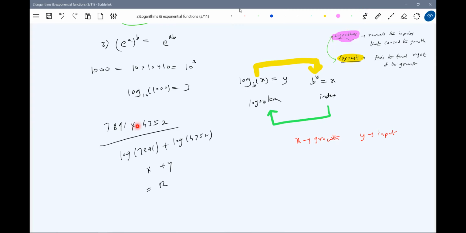This is one machine whose output is 7891. This is another machine, whose output is 4352. I want a further output which will be the product of these two machines. Machine one feeds 7891 as one quantity, and the other machine feeds 4352. I want the product of these two as the output of the resultant machine.